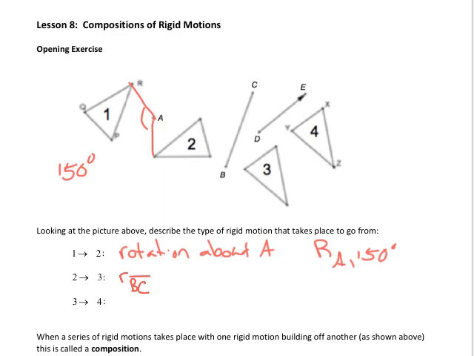And then the third thing we did was a translation. I'm translating going from 3 to 4, and I'm using vector DE to do that. So a translation using vector DE would be capital T, and then I would describe vector DE with the arrow.